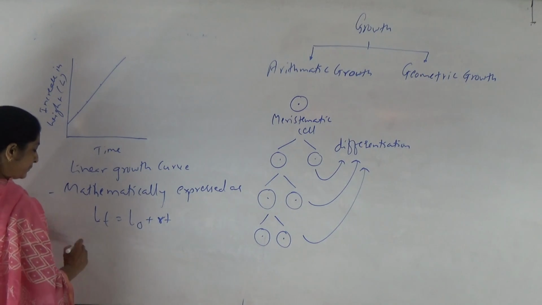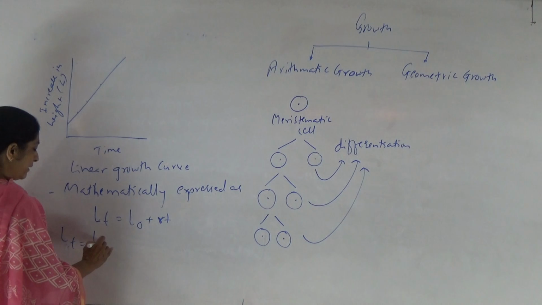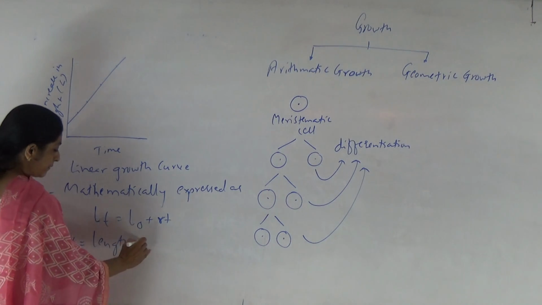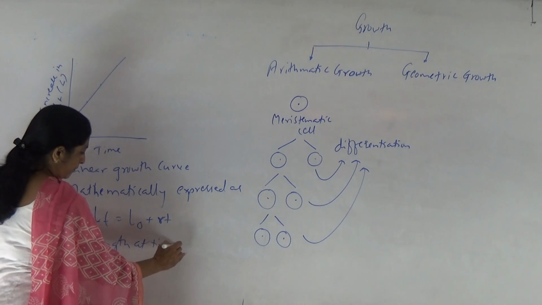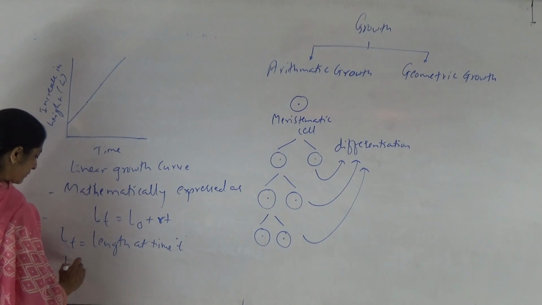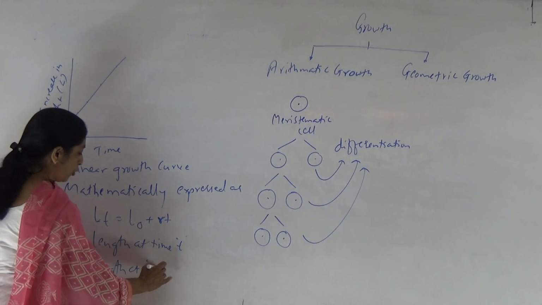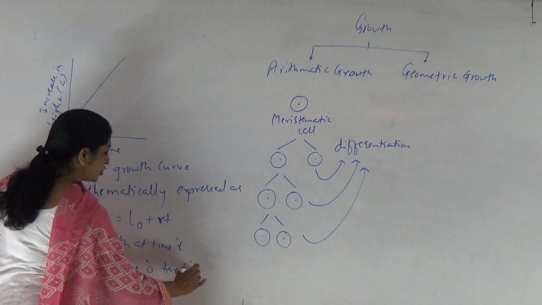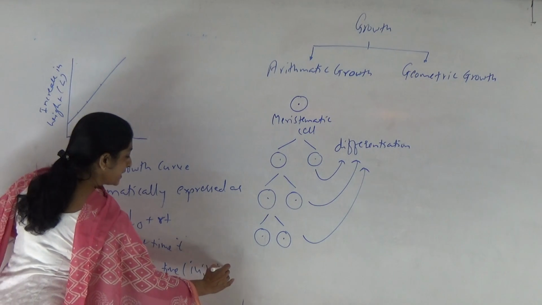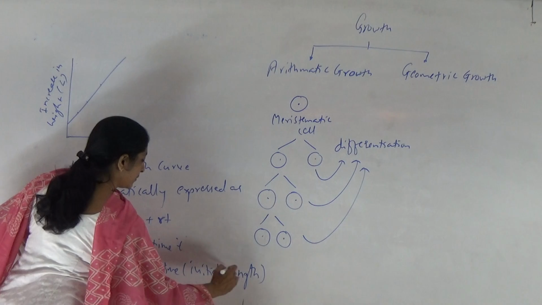Lt means length at time t, right? L0 means length at time zero, that is initial length, and Lt represents final length, right?